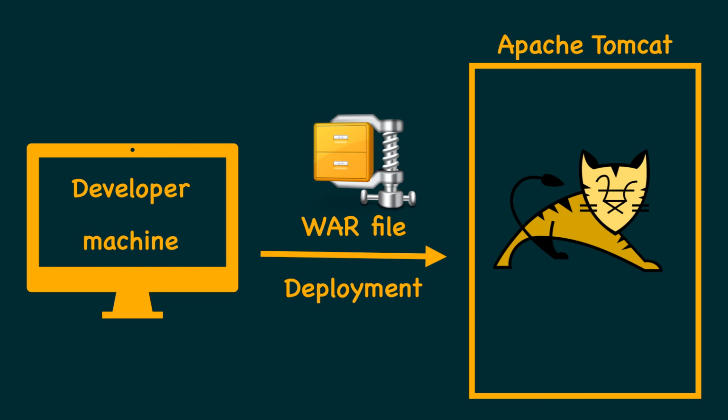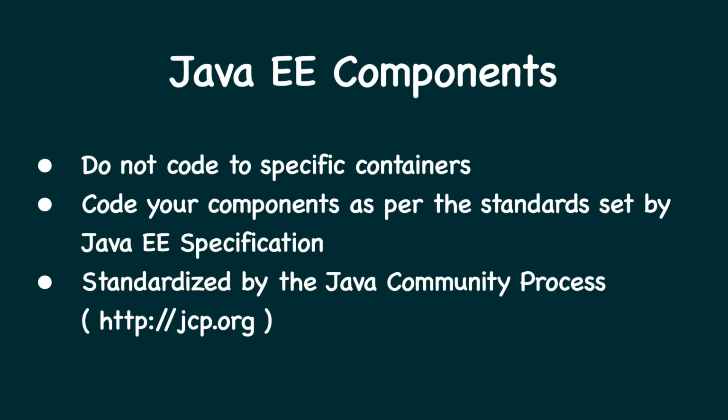And this is standardized because now I can give this WAR file to any web container without having to worry about which is the web container that we are going to deploy on. So as a developer, when I'm developing a web application, I don't have to keep a specific web container in mind because my application is developed according to the standard set by Java EE, not by Apache or Oracle or IBM.